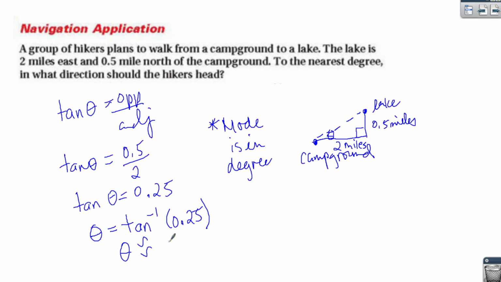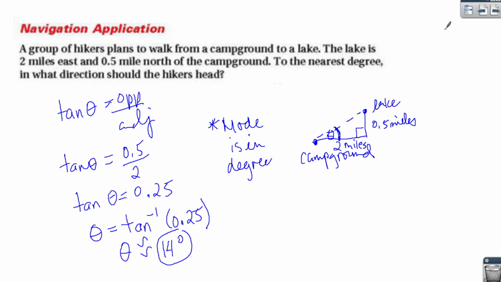But it's asking us to round to the nearest degree. So they are going to have to walk at a 14-degree direction. So from the campground to the lake, they need to take a 14-degree measure if they intend to take a straight path. So this is how we're applying your inverse function.